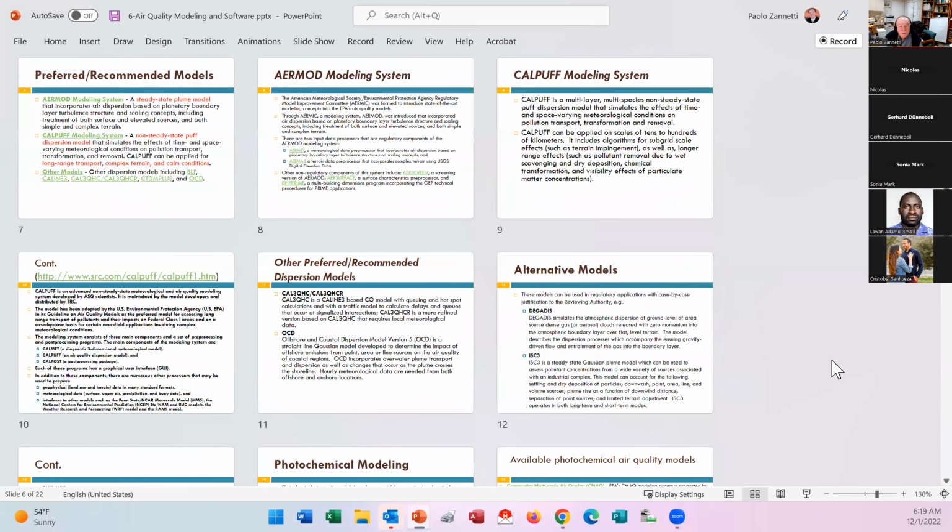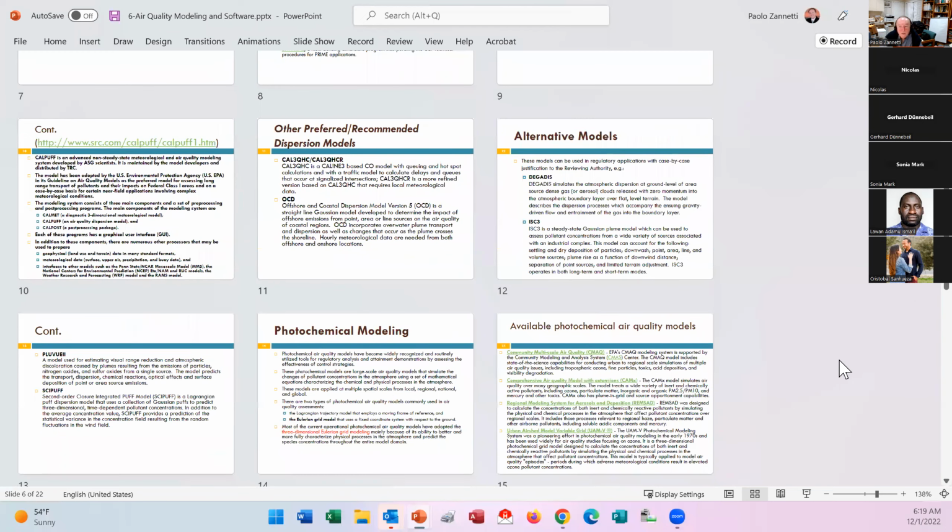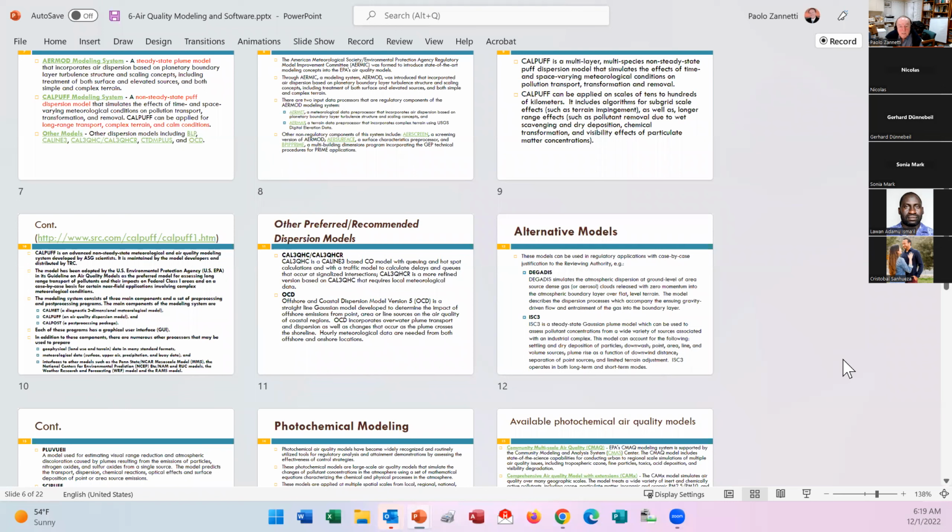Okay, so we have discussed these things yesterday. There are other preferred recommended dispersion models. I'm not going to spend time on this because really today AERMOD and CALPUFF are what is really useful.